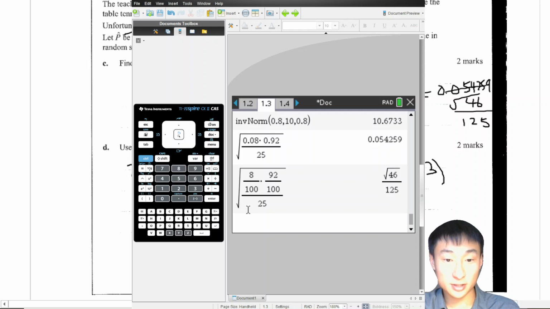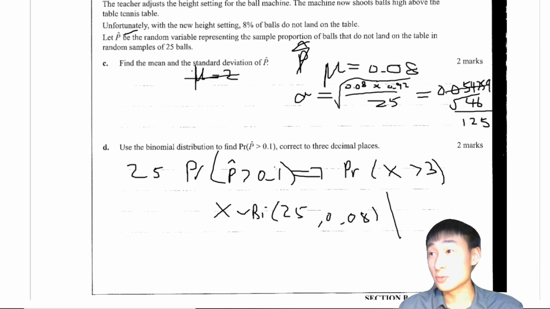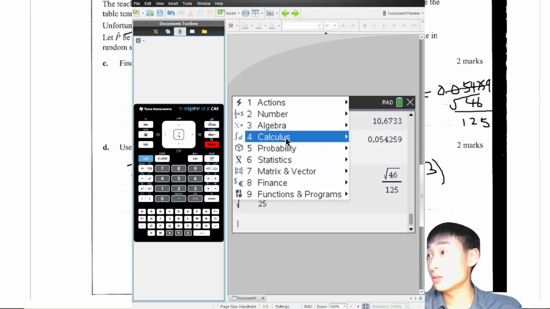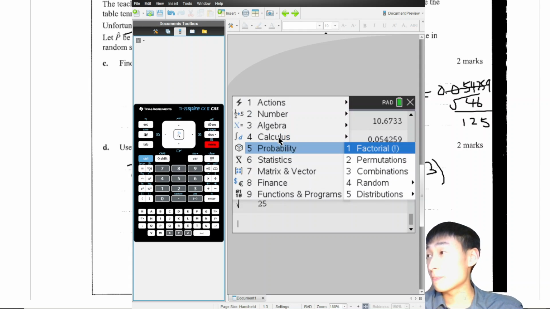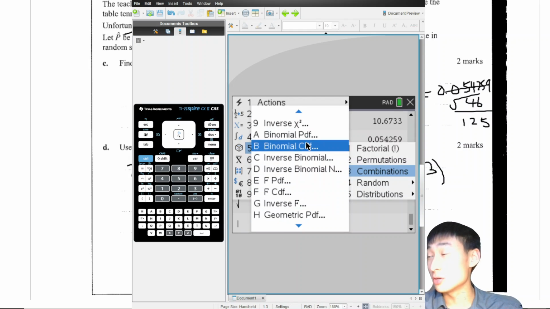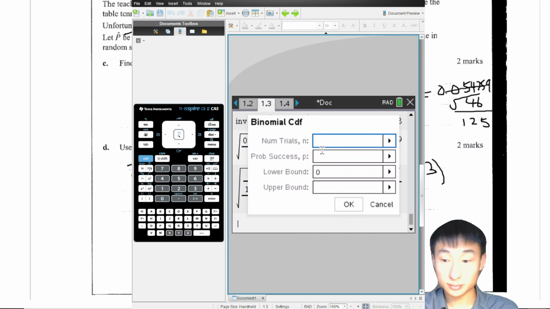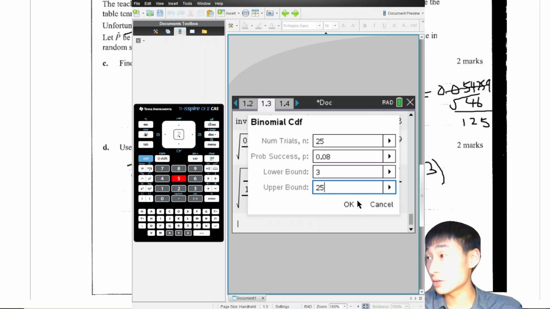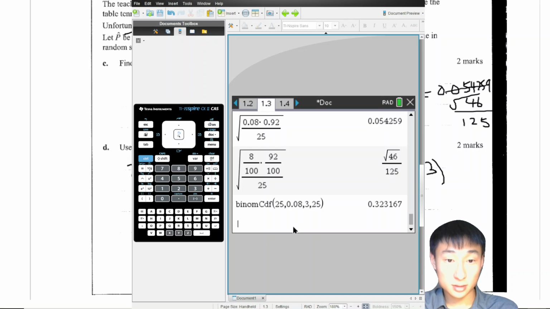Sample of 25, probability is 0.08, and then you can use menu, probability distributions, binomial CDF. 25, 0.08, 3, 25. So then you get 0.323.